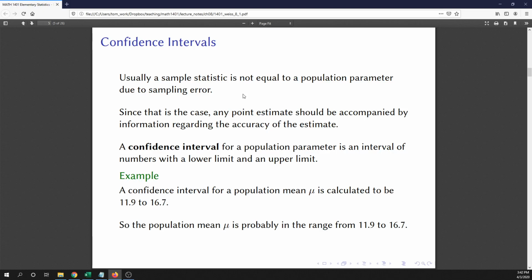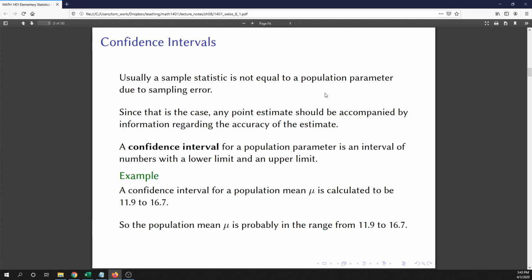We also showed that when we took some samples, in section 7.1 or 7.2, the sample mean wasn't equal to the population mean for any one sample in particular. If you take the mean of all the sample means, then it was equal. But lots of times, the sample statistic is not going to equal the population parameter that you're trying to estimate.